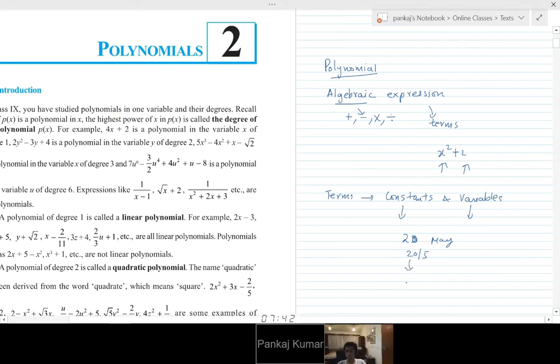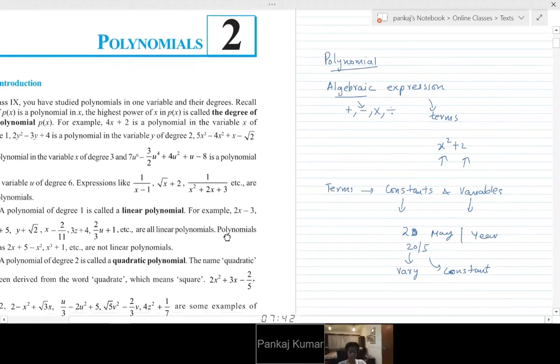The first part will vary and this is constant. Now if we take it further, you can have the year, even more constant than the month. So basically this is the concept of variable and constant.